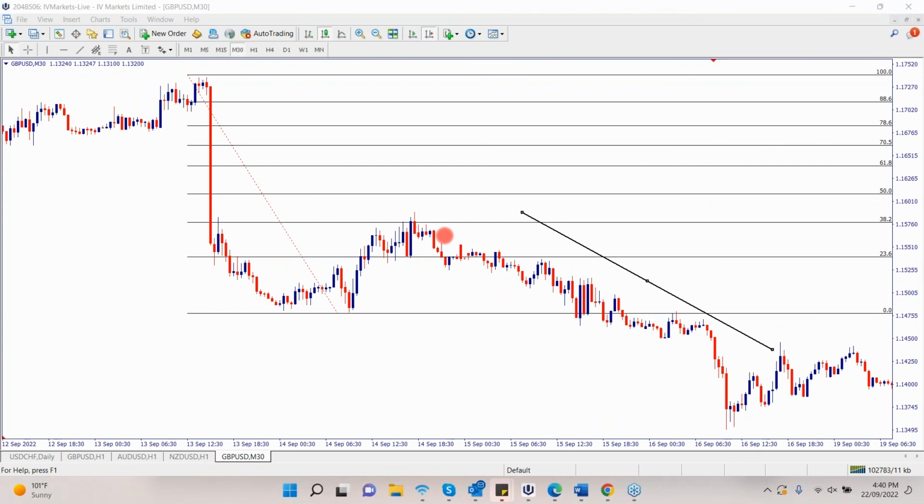So if the market is closing two candles below any Fibonacci level, it can be 50, 61, 70, 78, 88, any level. In this situation, we have the 38.2% level. If the market closes at least two bearish candles, because this is the bearish scenario, then we can enter the market for the next possible bearish direction, or the bullish direction, vice versa.